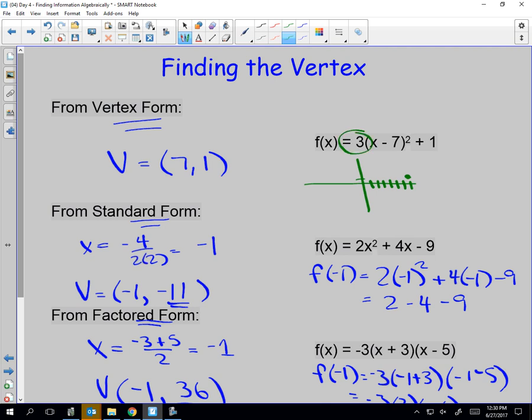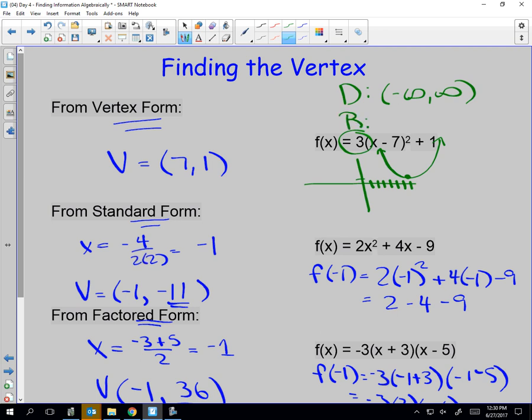Since the equation is positive, okay, we've got the nice happy parabola in this situation. It's face up. So now for domain, domain never changes for any parabola. Okay, it is always from negative infinity to infinity. We can plug in x values from one side to the other and they always work.